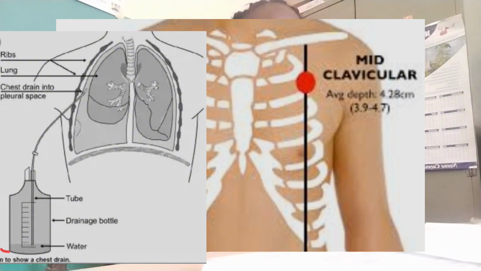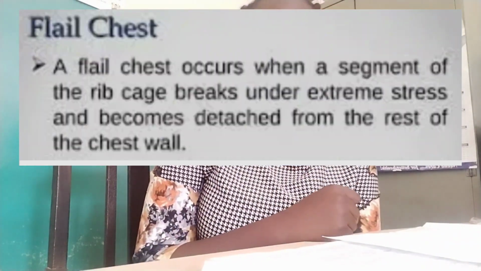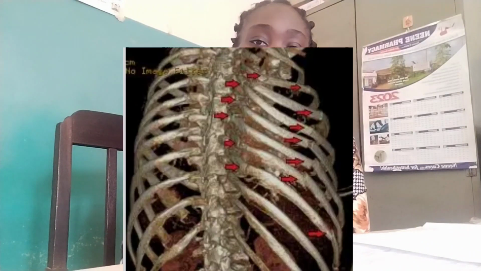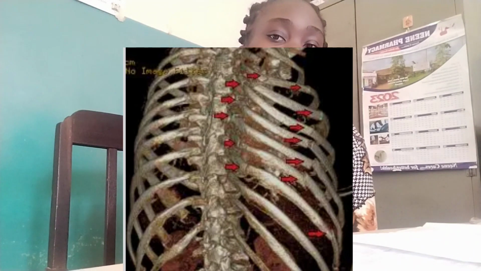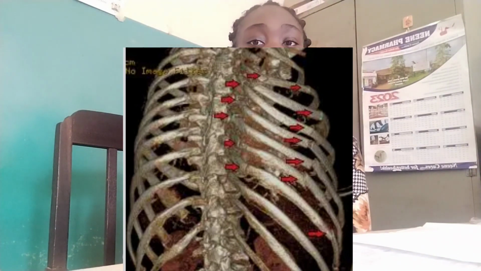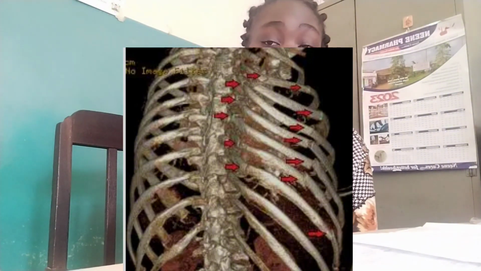And then we have flail chest. Flail chest is when there are two or more rib fractures that have occurred in two or more places. This results in injury to the lung parenchyma and also paradoxical movement that suggests altered ventilation.